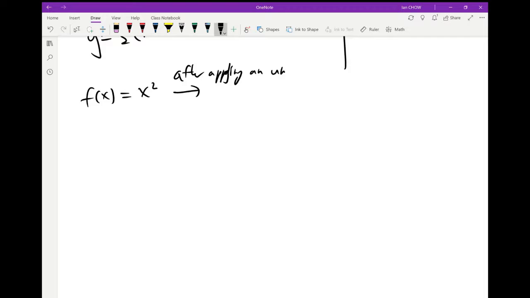after applying an unknown transformation, we have a new vertex, meaning the endpoint is, let's say the new vertex is negative 2, 8.